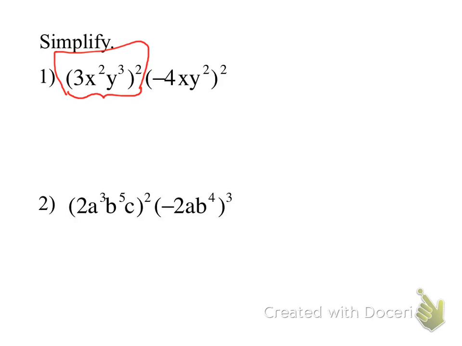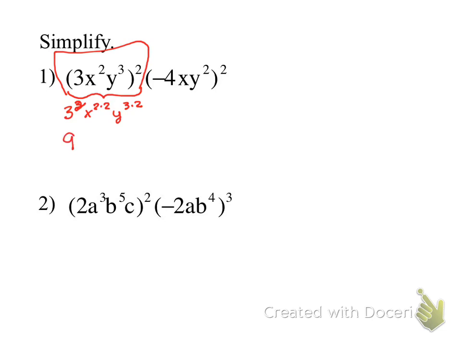That'd be 3 squared, x squared times 2, y cubed times 2. Good. And then I'm going to simplify it further. 3 squared, sorry. It'll be 6. No. 3 squared means 3 times 3. Oh, 3 times 3 is 9.